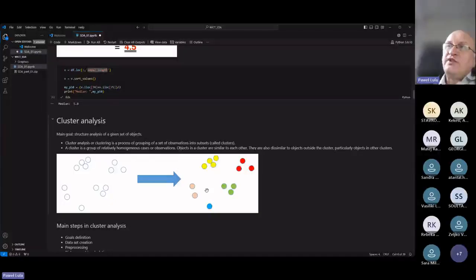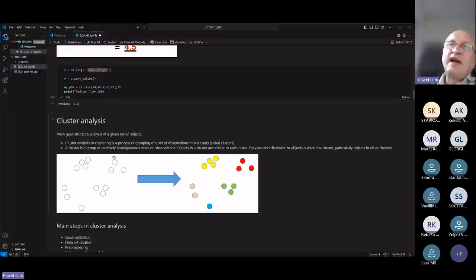And in every cluster, we should have similar objects, to describe this structure, maybe assign labels to every structure, maybe calculate some statistics for every cluster. These issues will be the most important for us.